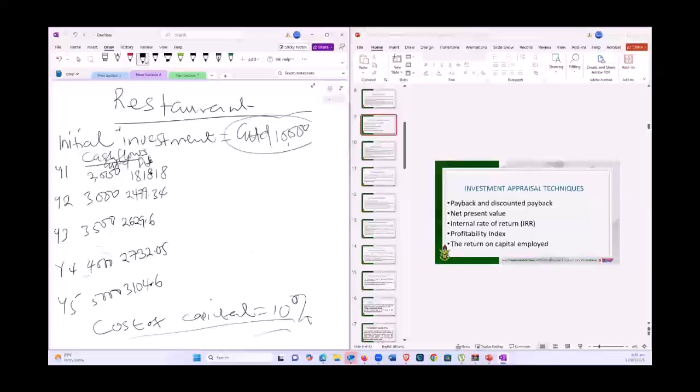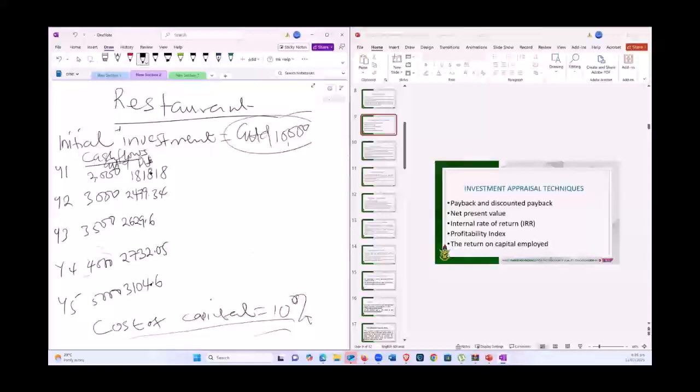Now, this is the interpretation. If your net present value is positive, the project is viable. If your net present value is negative, the project is not viable.